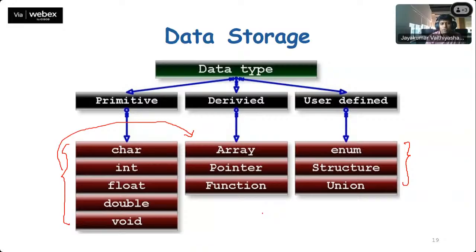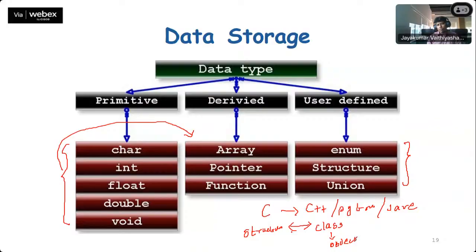So the difference between C, C++, Python or Java: if you have class and object on this side, you can create the same phenomena using structure. So structure is equivalent to class. Whatever you do in object oriented, you are able to do in C also.